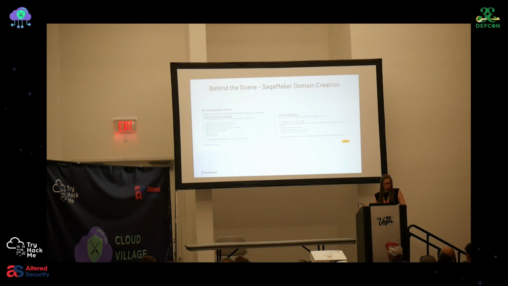So the first thing I did when I started my SageMaker research was to create my own environment. Then I noticed that I have 2 options. The first one was the quick setup mode. Very fast, 1 click, everything is created for you automatically. The second one was the manual setup, where you have to create your own VPC, IAM roles, and many more configurations manually.